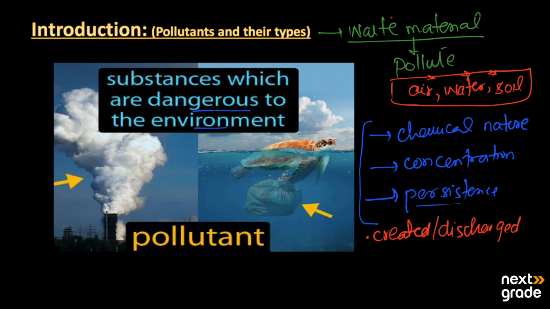All the substances which can cause pollution are known as pollutants. Here we have some examples. For example, the smoke from different industries adds to the Earth's atmospheric air and starts to pollute it. On the other hand, the waste that they dump into the sea or water adds pollution to the water, which is known as water pollution.